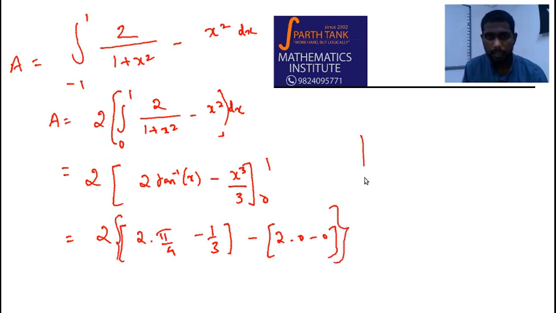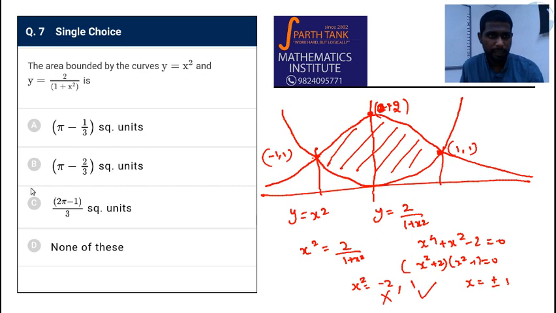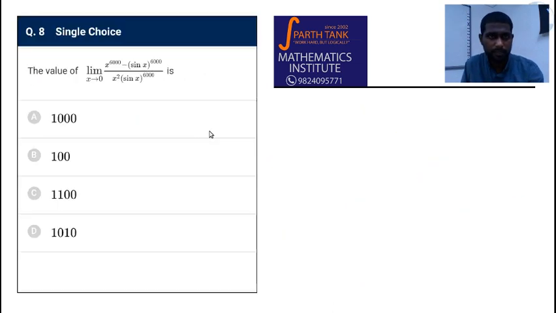Therefore the answer is 2 into pi by 2 minus 1 by 3, or pi minus 2 by 3 square units. So the area is pi minus 2 by 3 square units, option B. Very simple problem. Find the points of intersection and then integrate between the two limits.